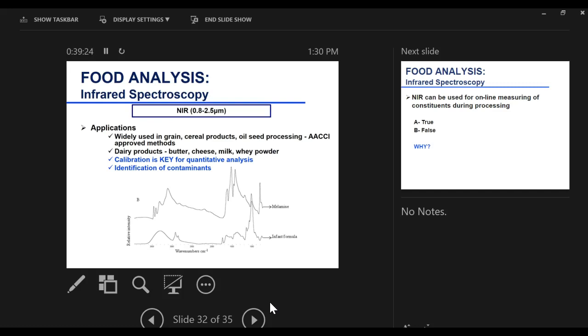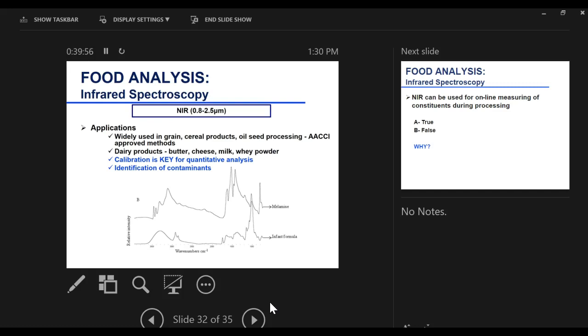If we run an infant formula and you run melamine, you can see that there are differences. So if you have melamine contaminating an infant formula, you will see specific regions that are specific for melamine, so you can detect the presence of that. Otherwise, if you do nitrogen analysis, melamine is high in nitrogen, and that's why if you just determine protein based on nitrogen, it won't tell you if it has melamine in the sample.